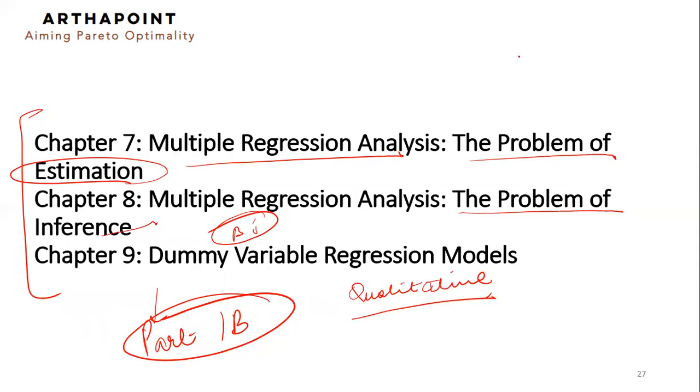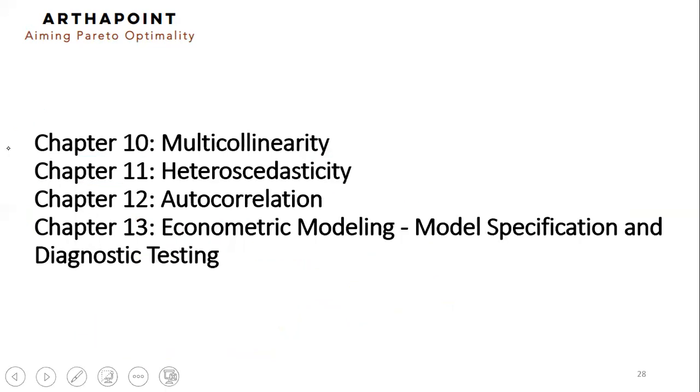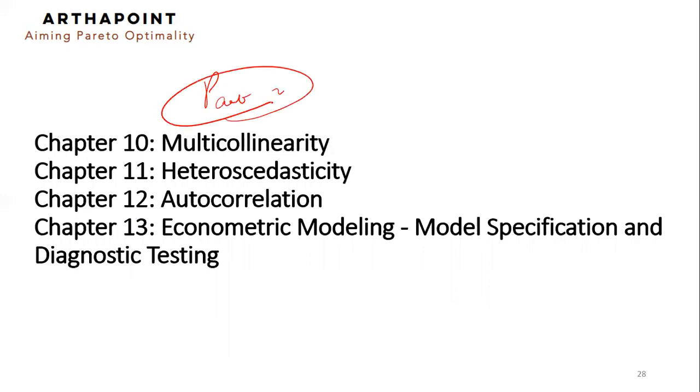Now, the next part that we are going to cover as part of this course, which is part 2, is what happens when we relax the assumptions of the classical model. This is related to multicollinearity. What happens if the independent variables are correlated with each other? Heteroscedasticity.